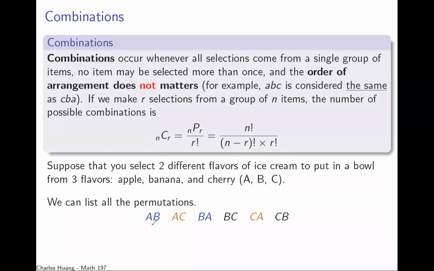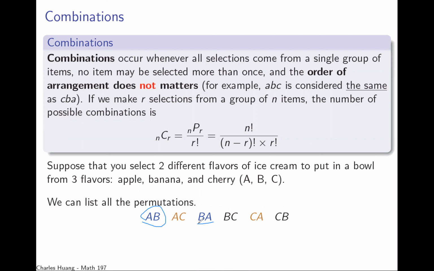Now, if I give you a bowl and it has apple on one side, banana on the other side, you have 2 scoops of ice cream, you might not like it. You might think that apple and banana ice cream doesn't go together. And you will say to me, I want a different flavor.